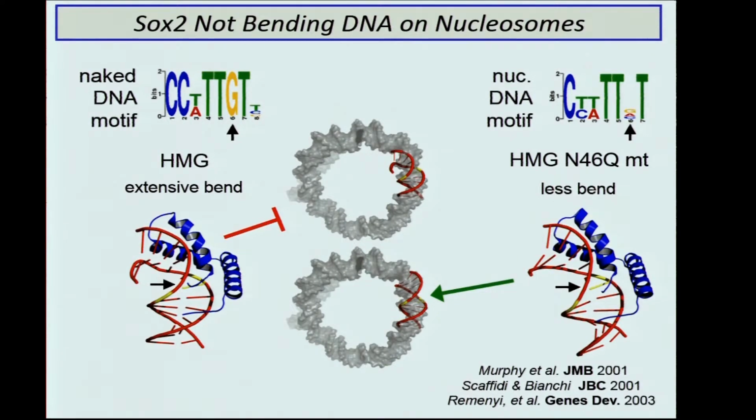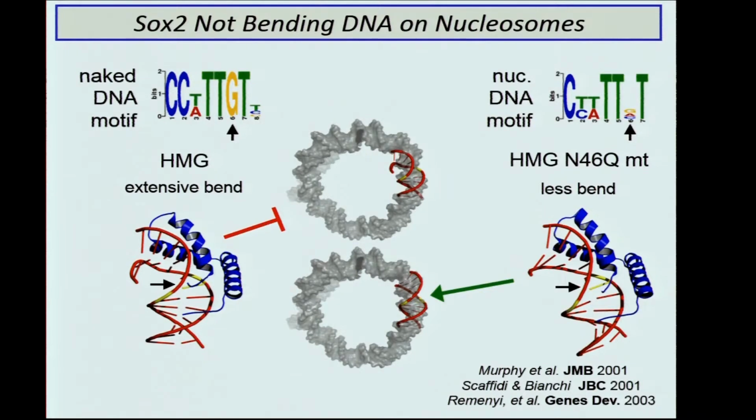And what's surprising is that this G that's missing in the nucleosomal motif is right at the angle of the bend and is interacting with the tail. If you mutate this residue that interacts specifically with the G, or you mutate the G to another nucleotide, you don't deplete the binding to DNA, but the protein can no longer bend DNA.